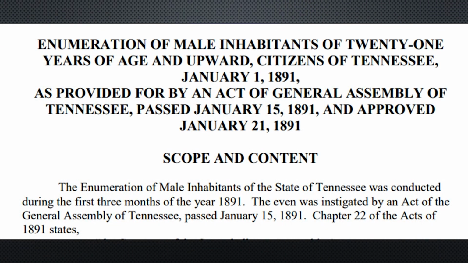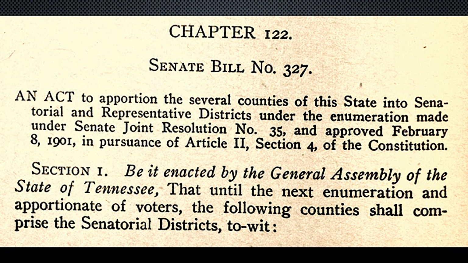Governor John Buchanan called the men of the General Assembly into an extraordinary session in August 1891, and the legislature was once again redistricted, based still on the enumeration of male inhabitants, the age of 21 and up. And so, that brings us to 1901, Chapter 122, an act to apportion the several counties of this state into senatorial and representative districts.